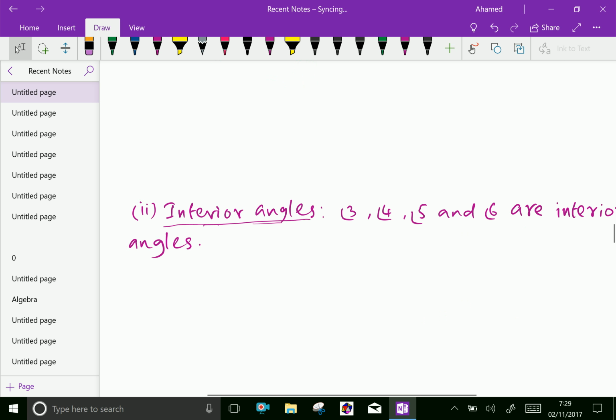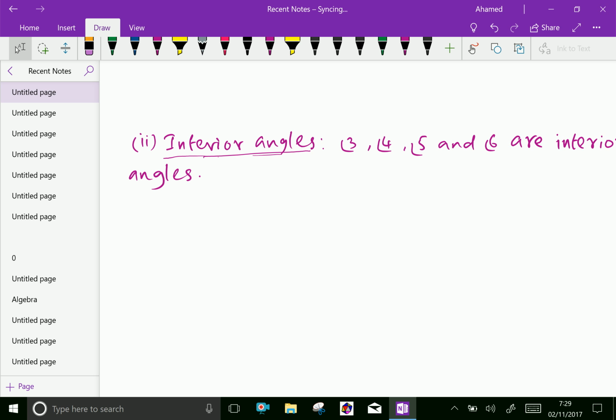Next one, interior angles. Look at the same lines. Here two lines are there, M and N, and a transversal L. Here we are talking about interior angles. The angles 3, 4, 5 and 6 are in between the two lines.